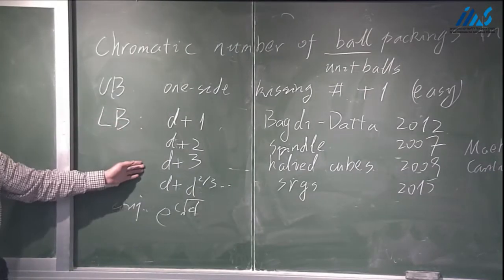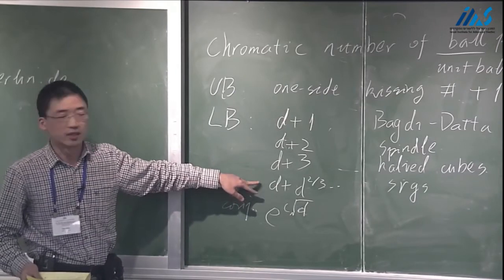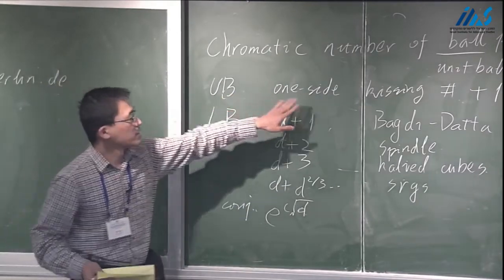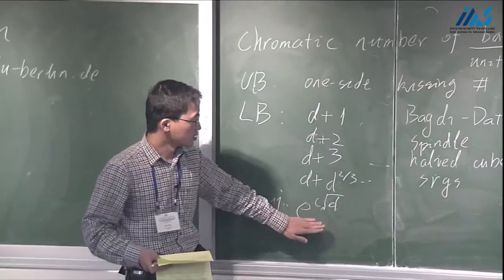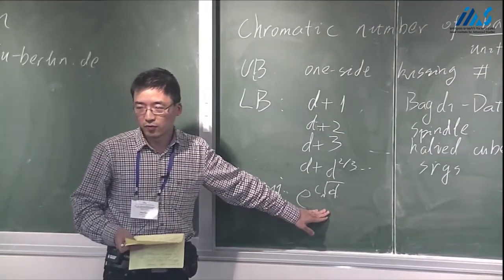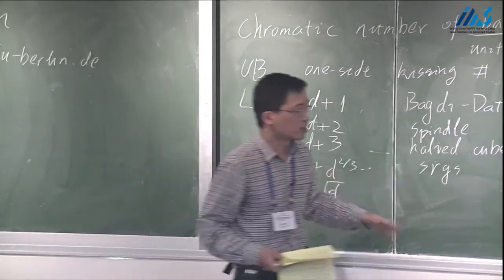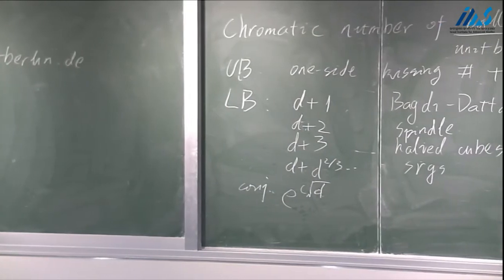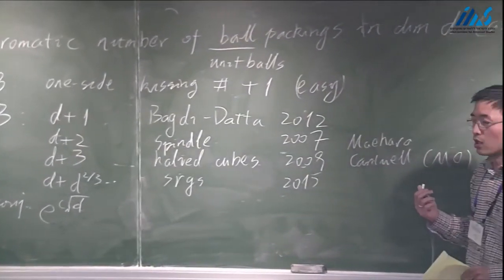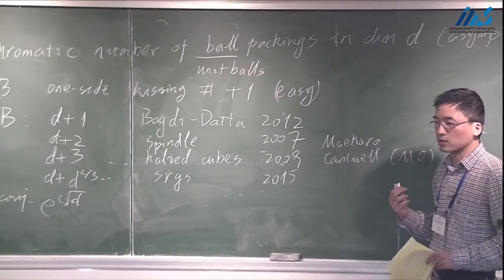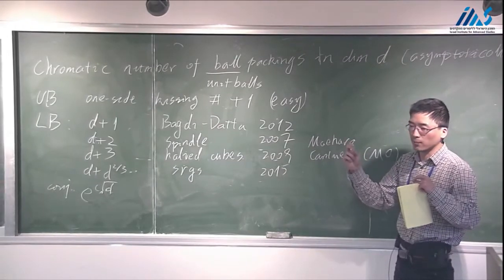Because all these bounds are trivial, or not trivial, but slightly better than linear. And this one-side Casey number is almost exponential. We expect some proof similar to the proof of Kahn and Kalai, who disproved the Borsuk conjecture, because Borsuk's conjecture asks for the chromatic number of the maximum distance graph, in which case every point has maximum distance 1.